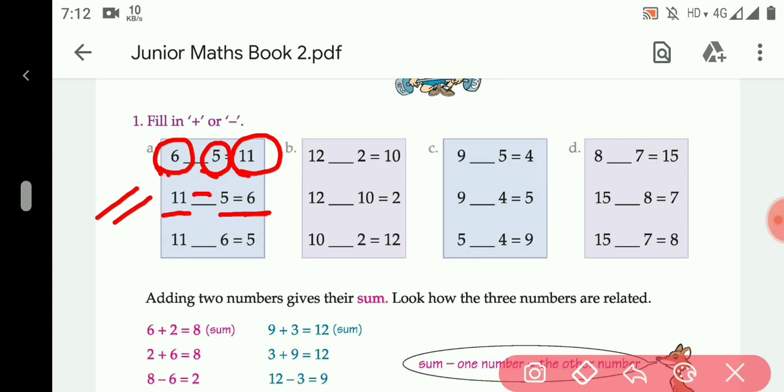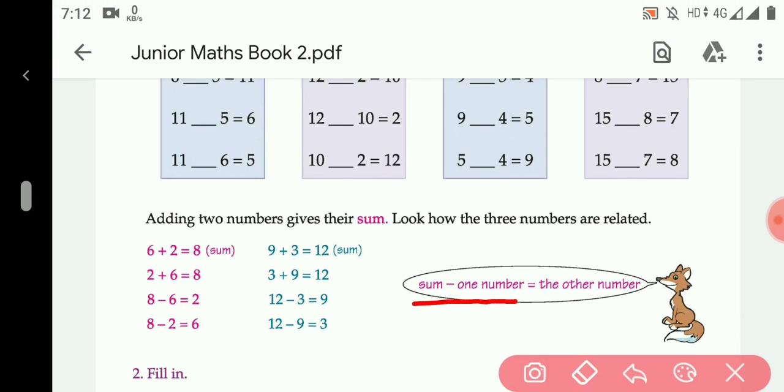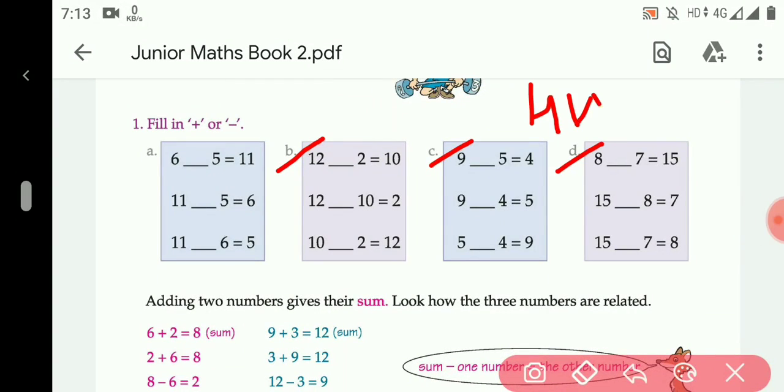This is the formula which is written here. Sum minus one number equals to other number. So according to this, the sign of minus will come here, and same the sign of minus will come here also. In the same manner, B, C and D will be your homework. Write in your maths copy and solve the answer.